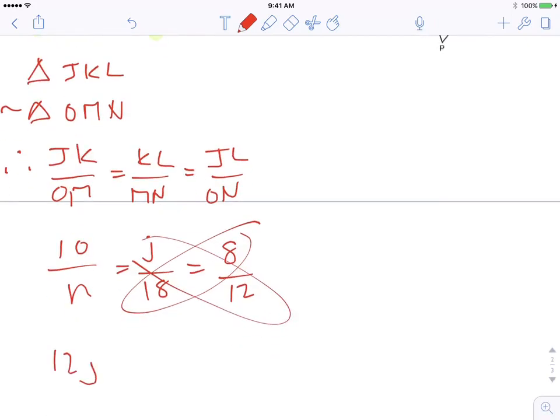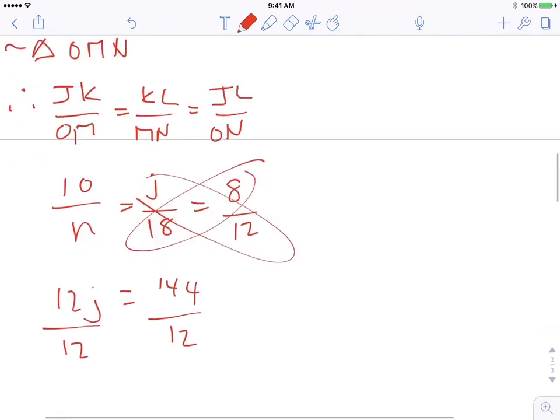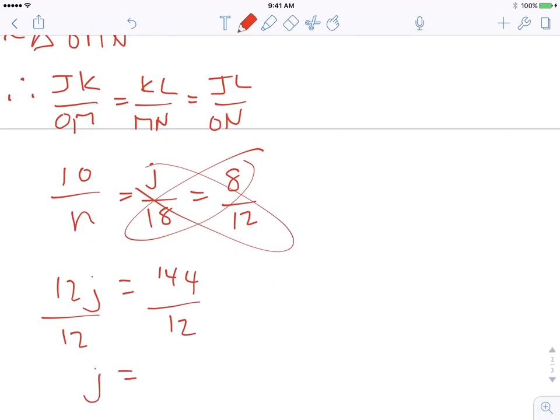And then I get 12j equal 8 times 18. Let's see, 8 times 18, 144. Divide by 12, divide by 12, and of course j is equal to 12 because 12 times 12 is 144.